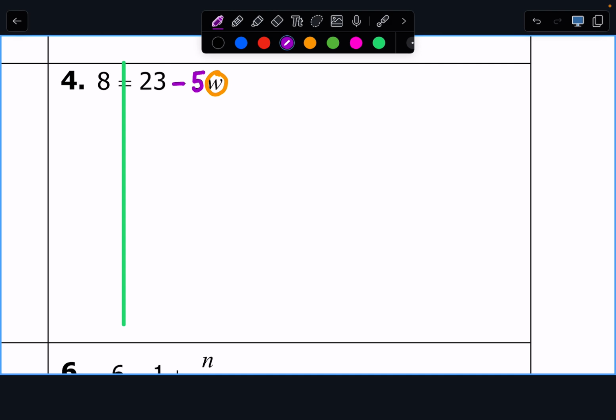So technically, there is an invisible plus sign right here with the 23. So in order to get rid of 23, we are going to have to undo addition by using subtraction.